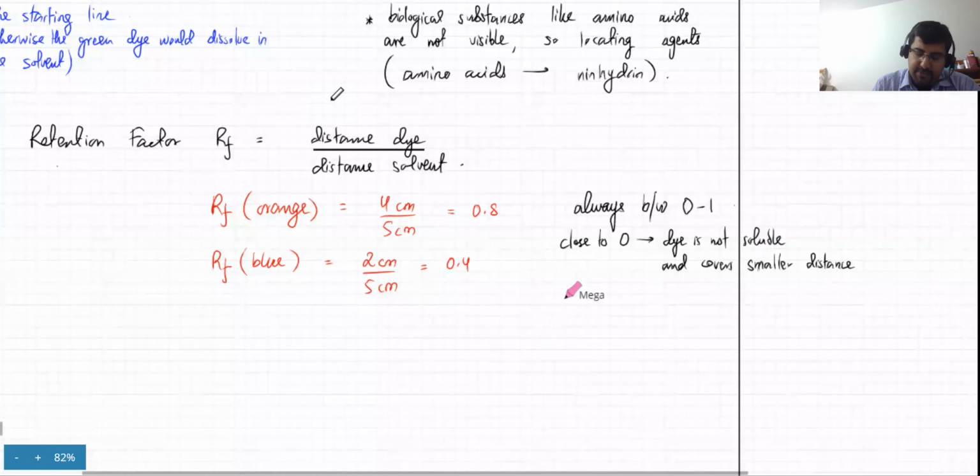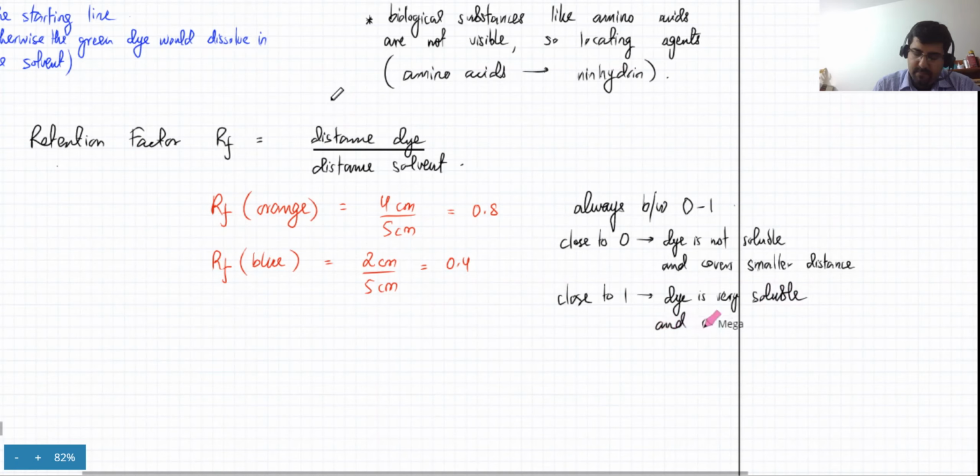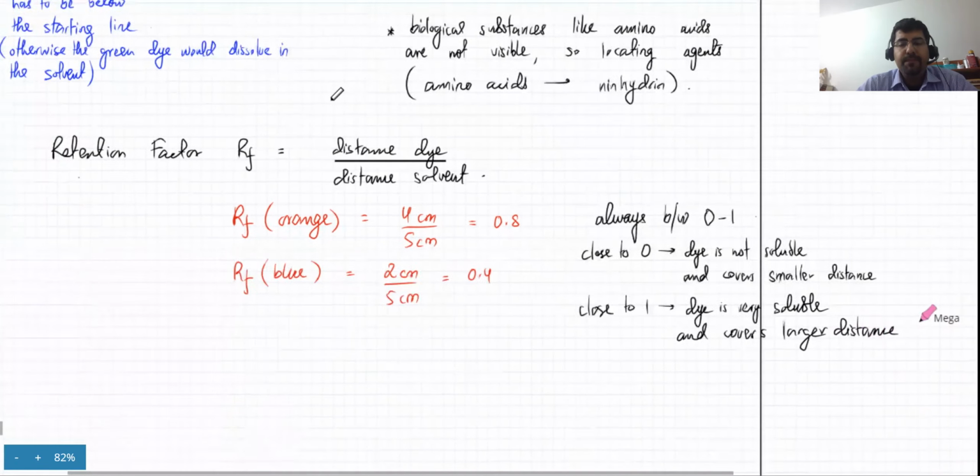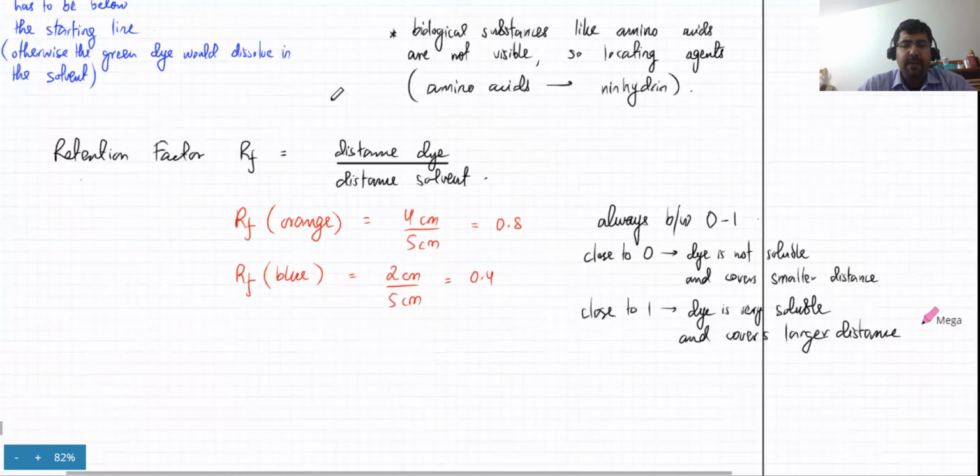And if it's close to 1, that would indicate that the dye is very soluble in the solvent that you're using. Okay, so that is what RF value is.